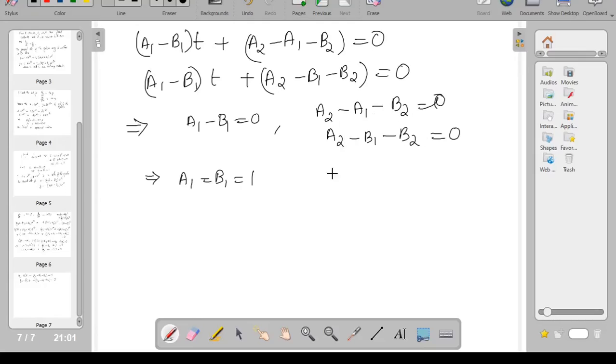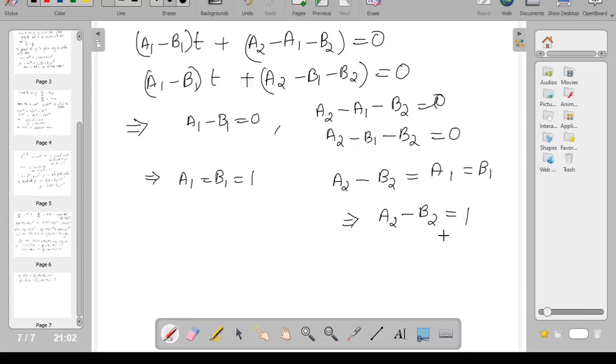And from the first equation, a2 minus b2 is equal to a1, and that is again equal to b1. Therefore we will get a2 minus b2 equal to 1.